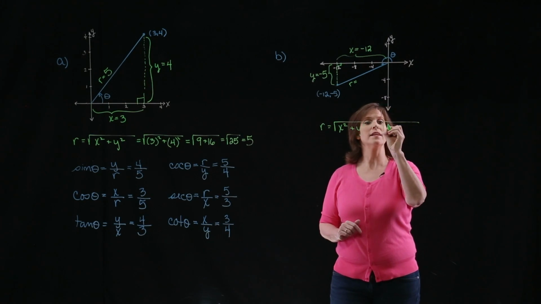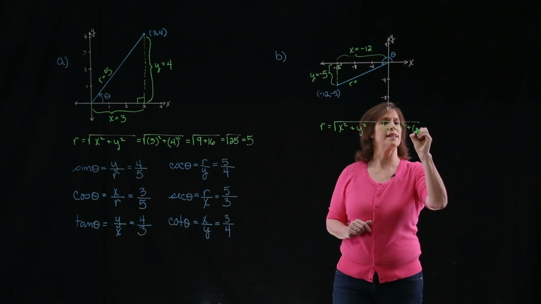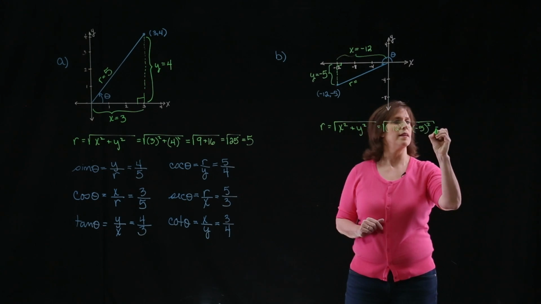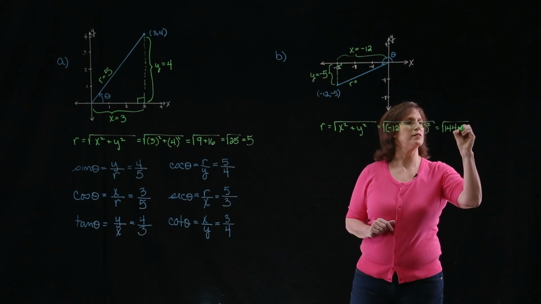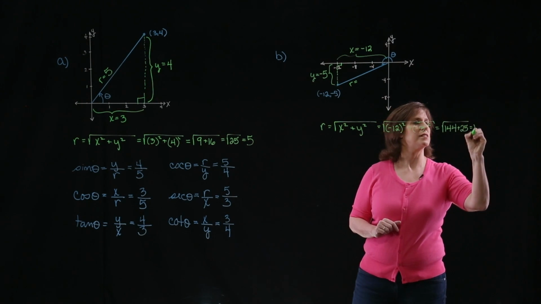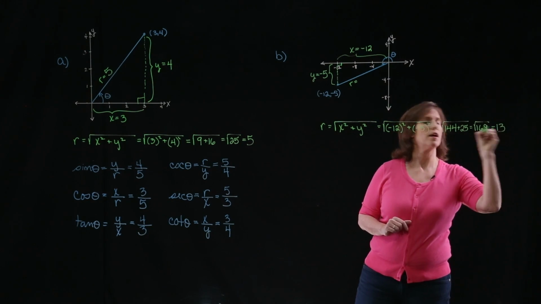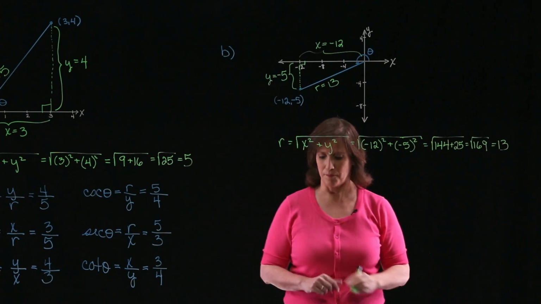This time the x-coordinate is negative 12, so I have negative 12 squared. The y-coordinate is negative 5, so I have negative 5 squared. This is the square root of 144 plus 25, which is the square root of 169, or 13. So r is 13.